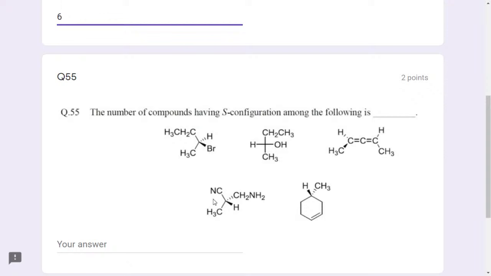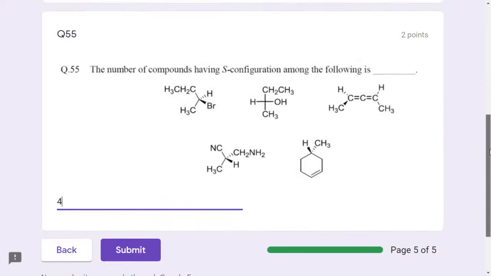This is S, this is S, this is S, it is R. And when it comes here, this side when you move here, it is a double bond. So 1 here, 2 here and 3. It is R now, but you have to bring hydrogen back, so it is going to have S. So 1, 2, 3, 4. Four compounds are going to have S configuration. Let us write 4.